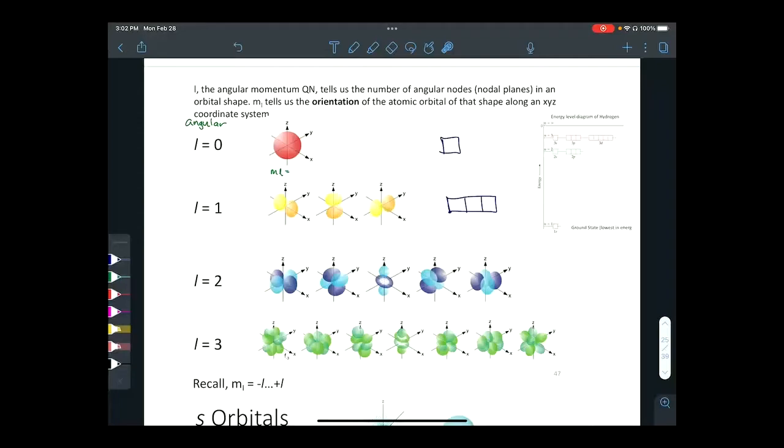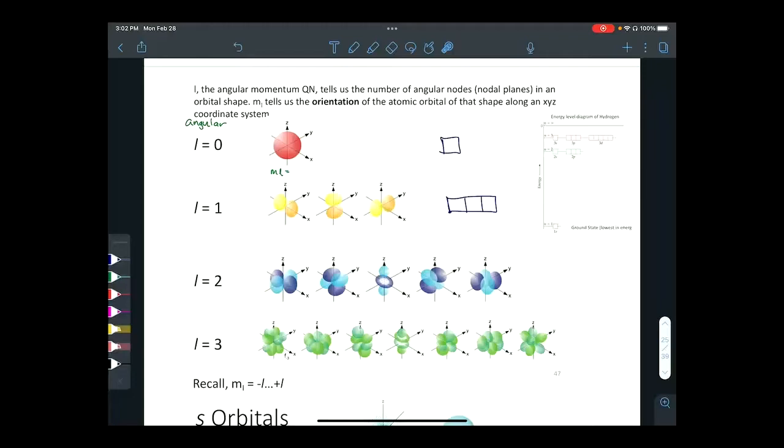Based upon your L quantum number, you can predict your possible m sub L. So for L equals 0, what are our possible m sub L quantum numbers? Only 0. That means there's only one orientation possible, because if we change this sphere in 3 dimensions, it doesn't really change what it looks like in an XYZ coordinate system. So there's only one unique orientation for an s orbital.